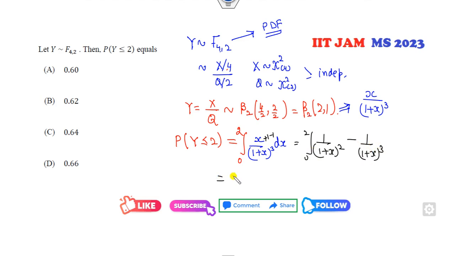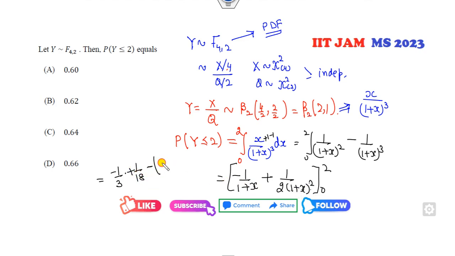So what is the integration of this first part? Minus 1 over (1 plus x), and it will be 1 over 2 times (1 plus x) squared. So I can substitute 0 to 2. Once you substitute here, you can see its answer is minus 1 over 3, minus 1 over 3 plus 1 over 18, minus, if you substitute 0, it's minus 1 plus 1 over 2.